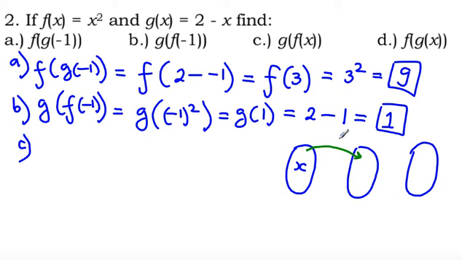So you will have to work out the image of x according to function f. And then afterwards, once you are done, you need to continue and use function g instead.